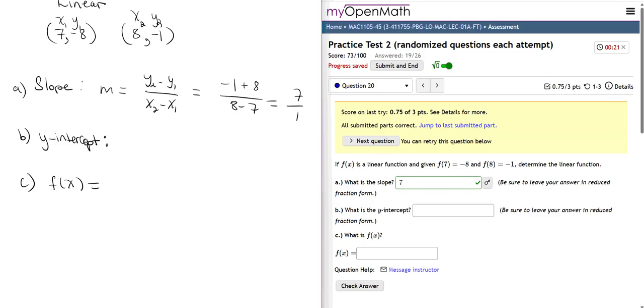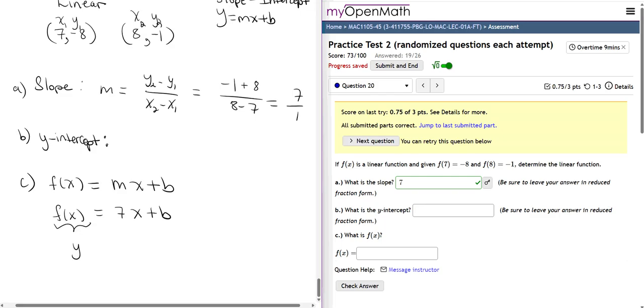now the x-intercept. Now we know y equals mx plus b is the slope-intercept form of a line or of a linear equation. So I could write mx plus b here, and I did find the slope already, so I can replace that slope with 7, but then I still need b.